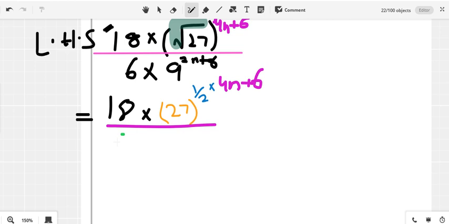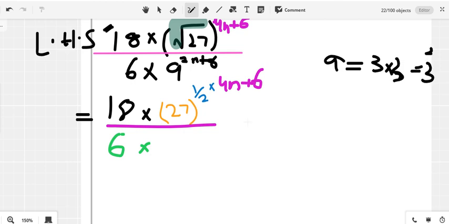So write 6 as it is times 9 to the power of, we can break 9. 3 times 3 is 9. 9 equals to 3 times 3, and that thing we can write as 3 to the power of 2. So you write here 3 to the power of 2, and this 9 was having already the exponent which was 2n plus 8. So I'm going to write that thing into bracket. So 2n plus 8.